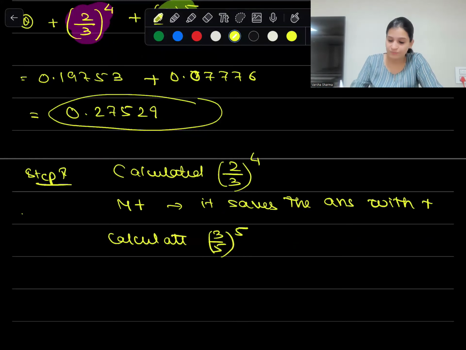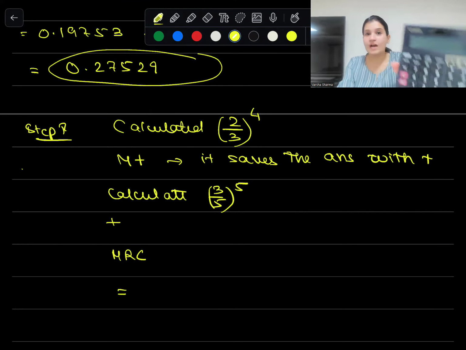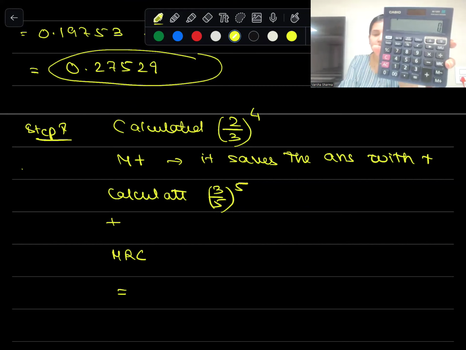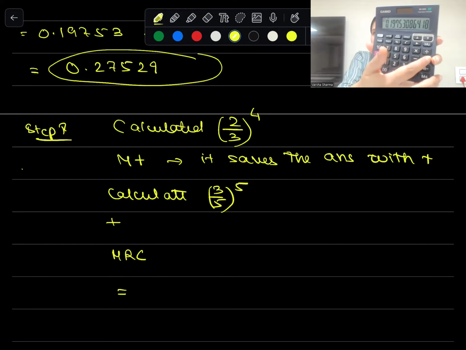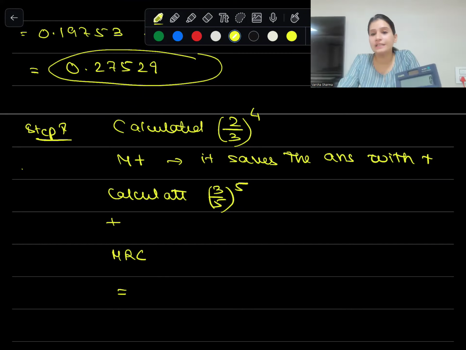I'll press plus sign, recall the memory value, and then I'll press equal to. Now you can see there is an M on my screen still, so I'll clear it. M is gone. That's why we need to clear the calculator, because the memory was still there in the calculator.